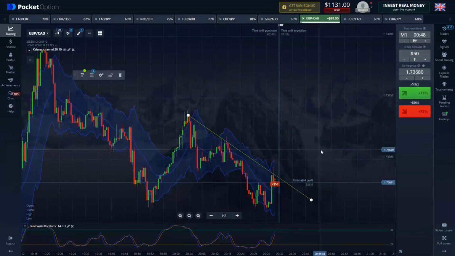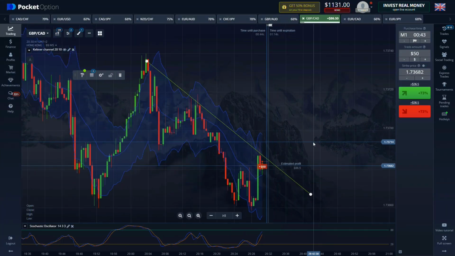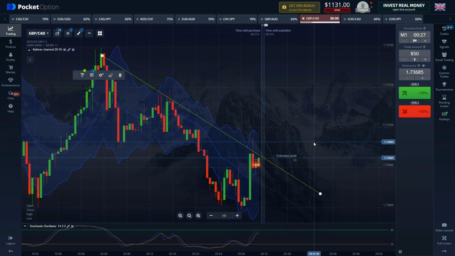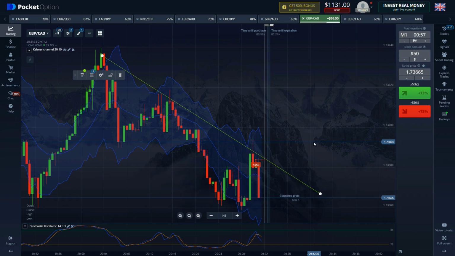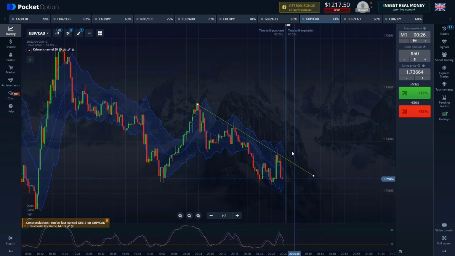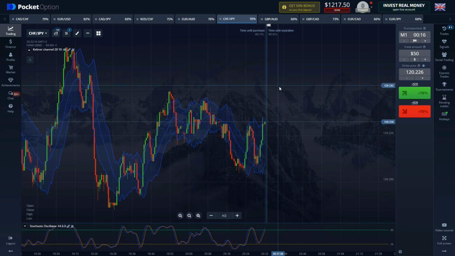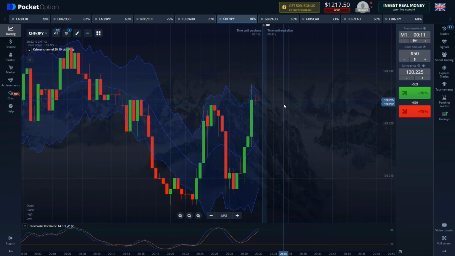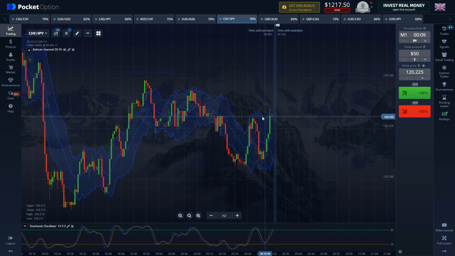So this trade is completely based on my experience. That closing candle is great, but we need to confirm the down movement.